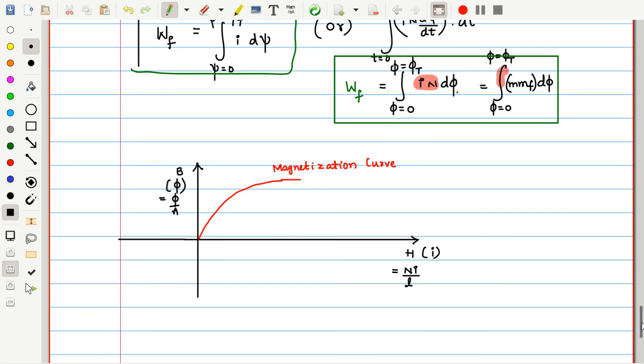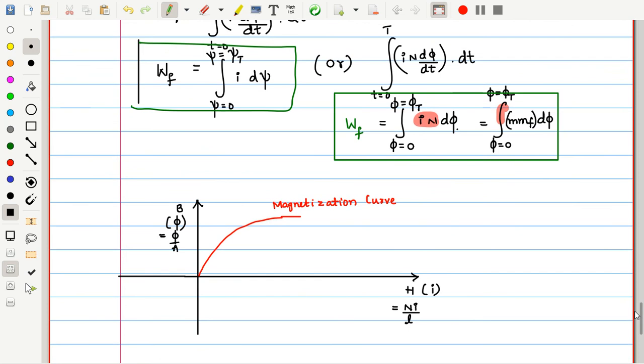Now if you observe these expressions carefully, first let me take the flux, d phi, and the MMF, which is N into I. What it represents is that the energy stored in the magnetic field is equal to the area enclosed by the magnetization curve, where the magnetization curve represents flux versus current, and the flux linkage.